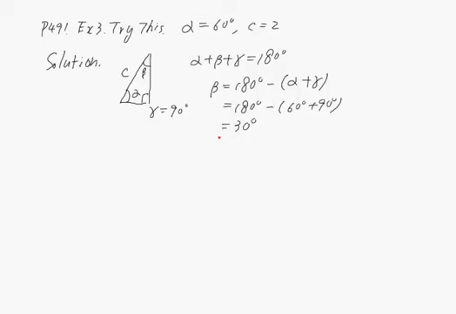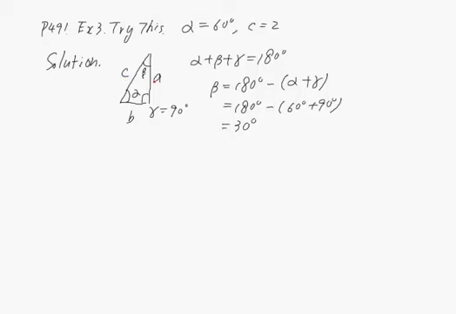Now, after we find beta, we can find A, that is the length of the side opposite alpha, and B, that is the length of the side opposite the angle beta. So now we know alpha, we know beta, we know C.